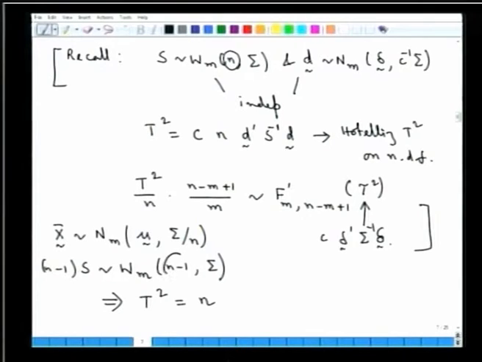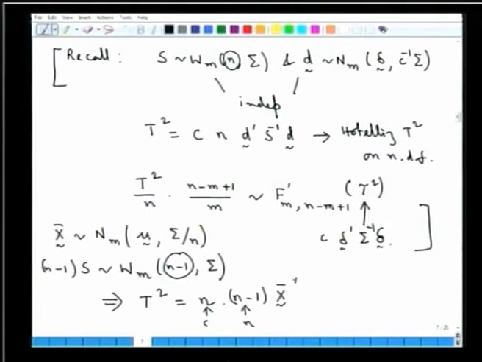The degrees of freedom corresponding to our multivariate normal distribution is n minus 1. So this basically is the C in this definition of Hotelling's t-square, and this is the degrees of freedom of the associated Wishart distribution, which was given by this n. Now what is d prime in our case? It is x bar transpose prime.